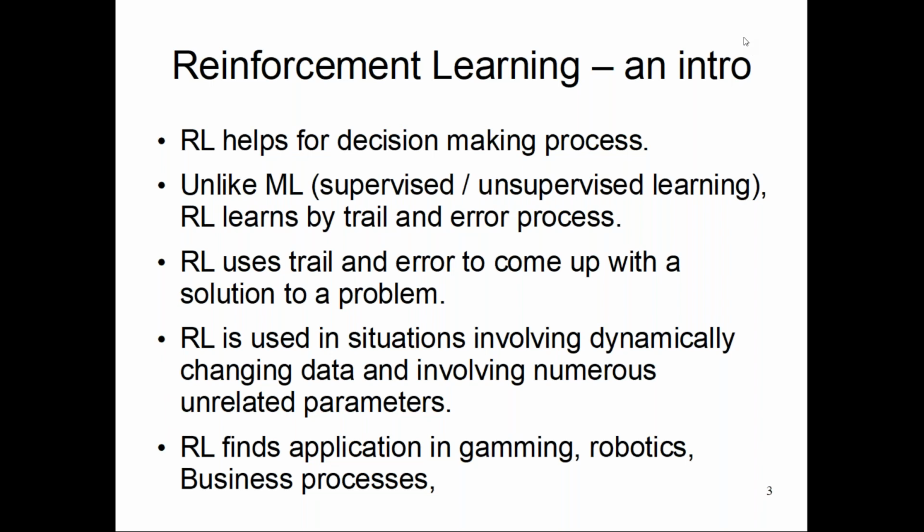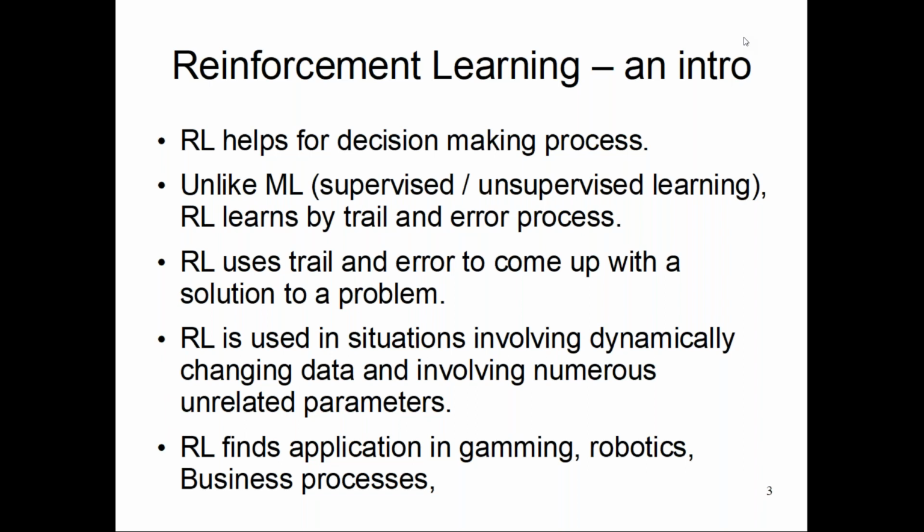That means some data is there which is labeled, and based upon that you are able to work ahead predicting for the new input data. Or unsupervised, where you are trying to do clustering, or with the data you don't know what the outcome is, the label is not known. Reinforcement learning is also considered one part of machine learning, but here the learning happens by a trial and error process.